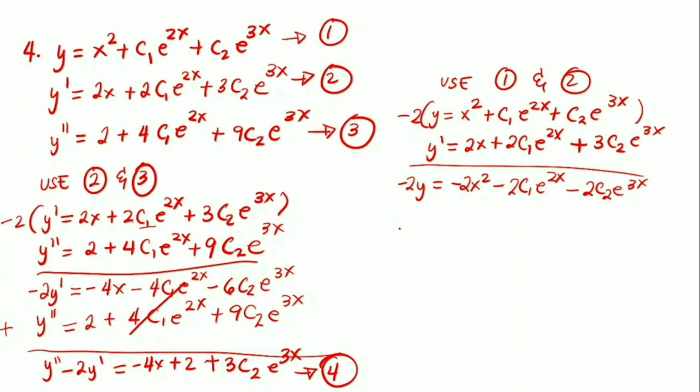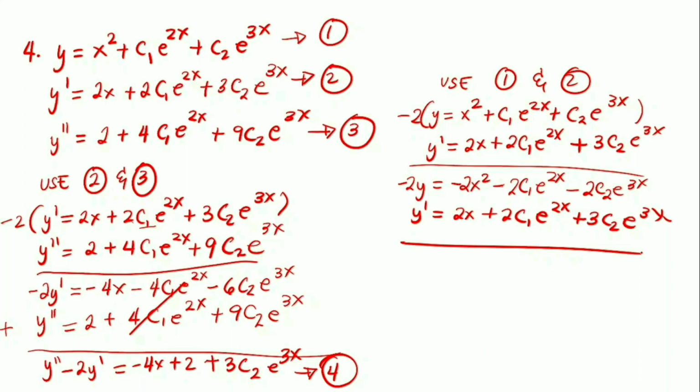Then copy the equation 2, which is y prime is equals to 2x plus 2c sub 1 e raised to 2x plus 3c sub 2 e raised to 3x. Then add: y prime minus 2y is equals to negative 2x squared minus 2x.